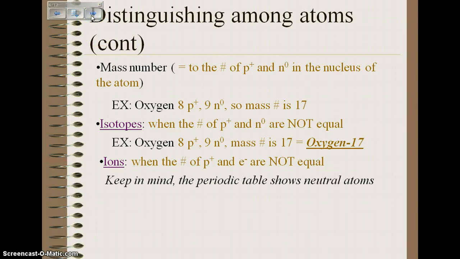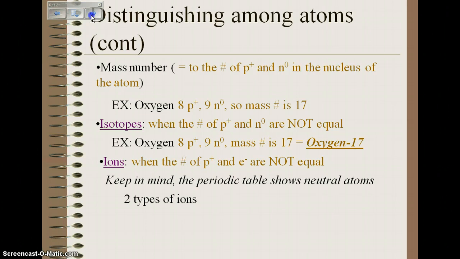Keep in mind the periodic table shown in our chemistry book, and that you can find online, shows atoms in a neutral state. In other words, no charge. Why again is there no charge? There is no charge because the number of protons equals the number of electrons.